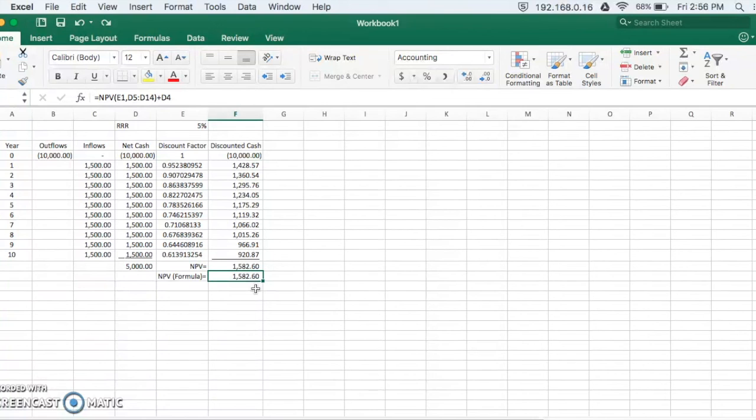But I will caution that when you see out in the profession somebody presenting an investment case and they use the formula, I would look at it and make sure that they did not start discounting year 0. So that's it. This is real simple on how to mechanically calculate an NPV.